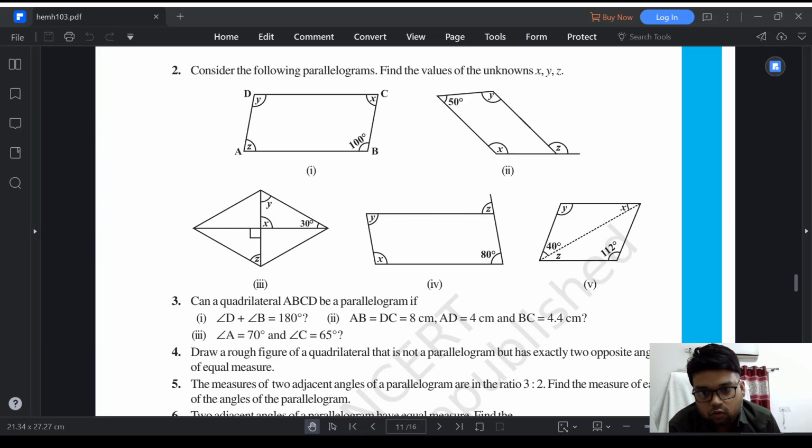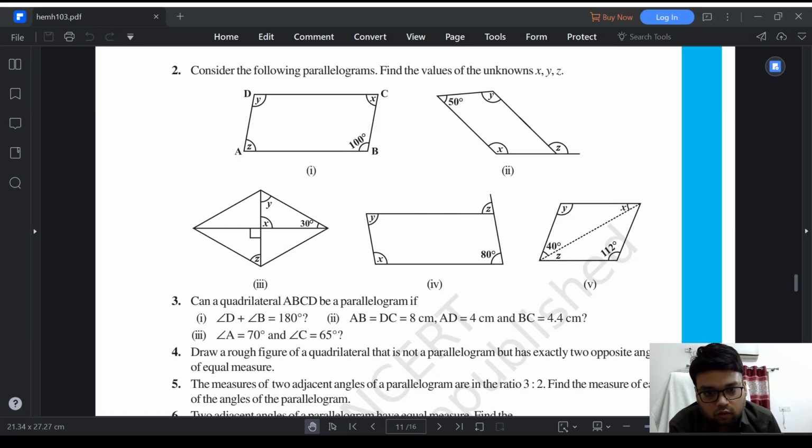So y is equal to 100 degrees, and angle z is equal to angle x. So by adding all this we can say that x plus y plus z plus 100 degrees is equal to 360 degrees. Or we can say that x plus z is equal to 360 minus 100 minus y, which is 100.